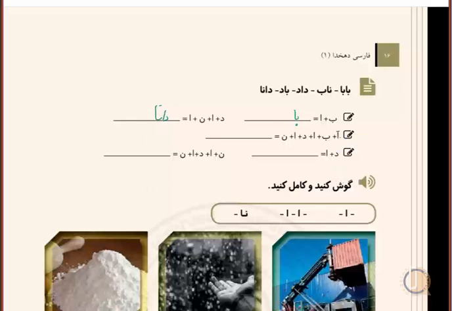A, B, A, D, A, N, we would have Abadan. D plus A, that would be da. Next one, N, A, D, A, N, that is nadan. Nadan is the opposite of dana. When dana is wise, nadan is stupid.